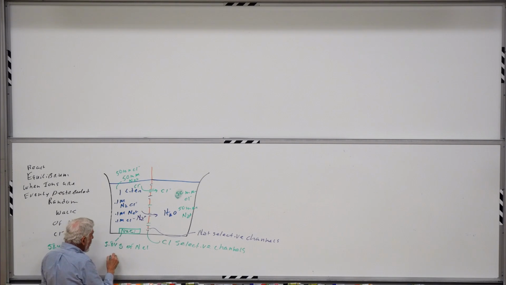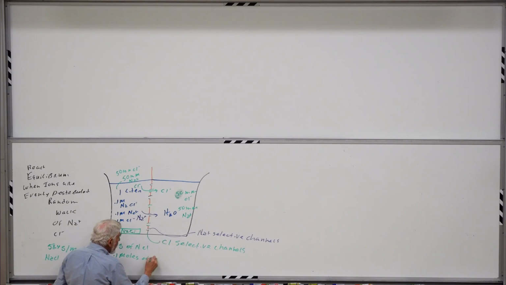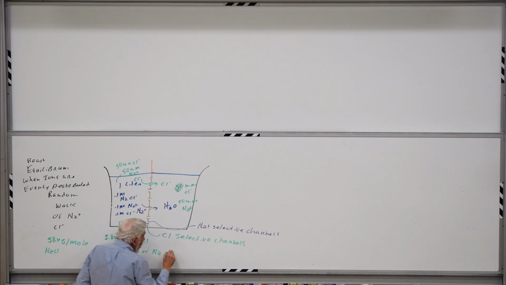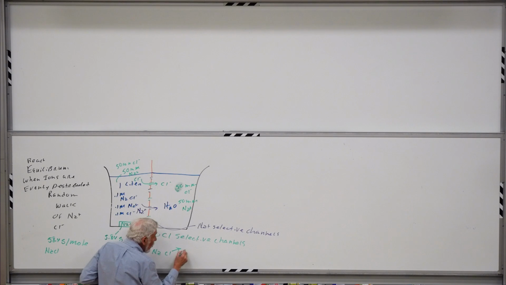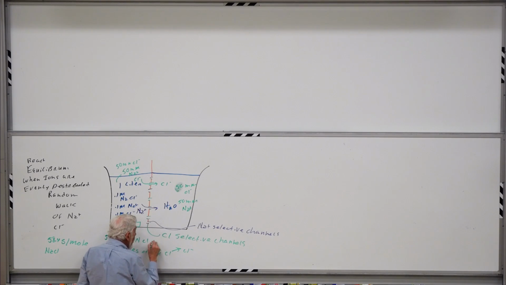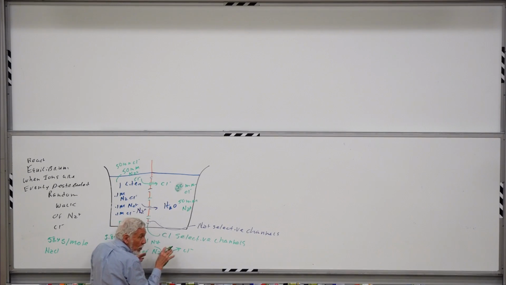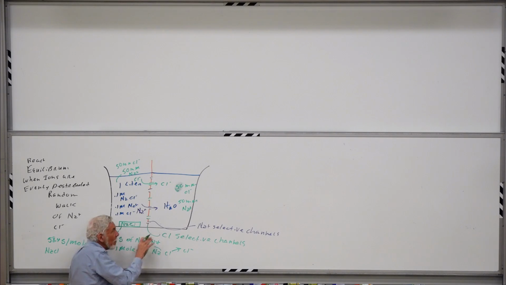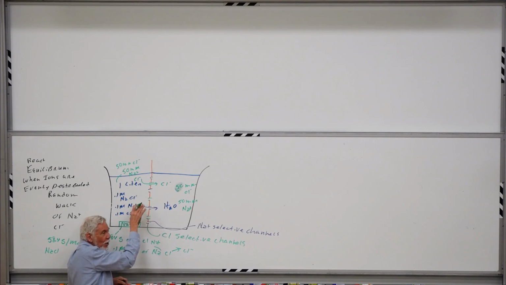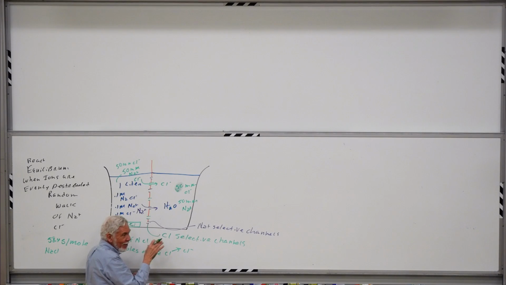So that means this is 0.1 moles of sodium chloride, which will completely dissociate into chloride ions and sodium ions. They come apart completely. If you get into the physical chemistry, depending on how high the concentration is, they don't completely dissociate. But for our purposes here, they've come apart completely.